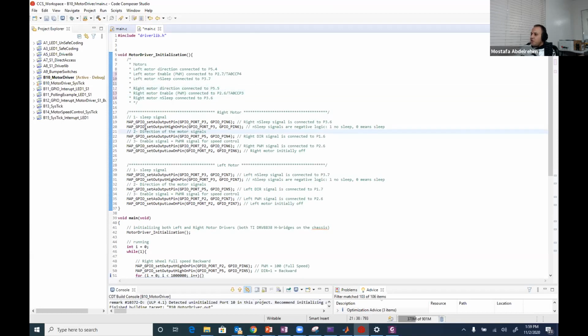So set GPIO as output bin port 3, bin 6, this one, which is sleep. Then, because we're gonna use the motor, we put something there so that it will not be in sleep mode. It will be active. So we put there high. It's negative logic. If you put 0, it will sleep. If you put 1, it will not sleep. So negative logic.